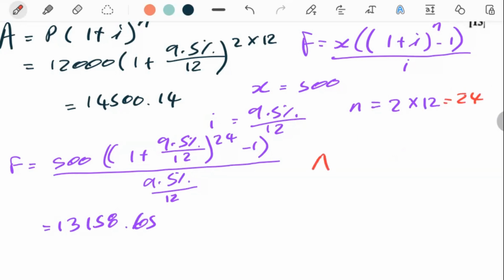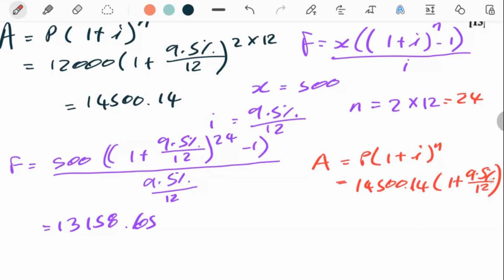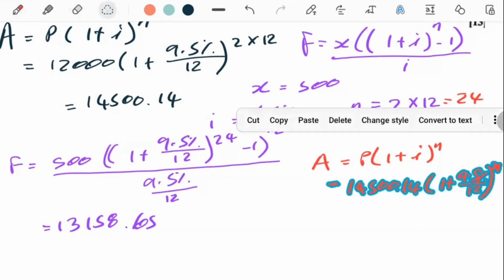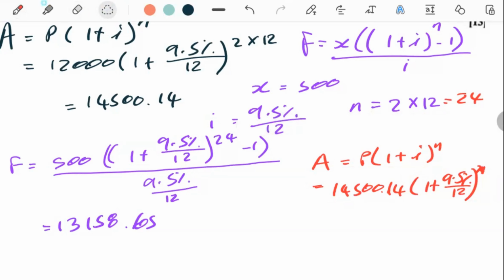So let's see here, A is equal to P, 1 plus I to the power of N. P is 14,500.14, and then our interest is 9.5% over 12, the whole thing to the power of 24.